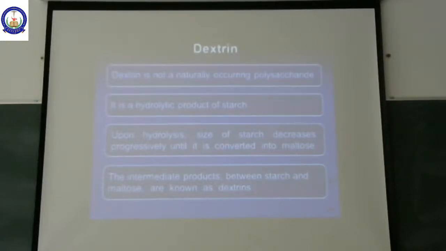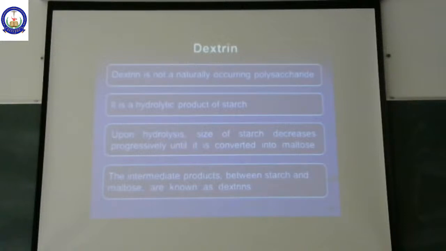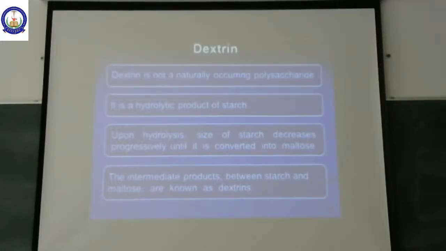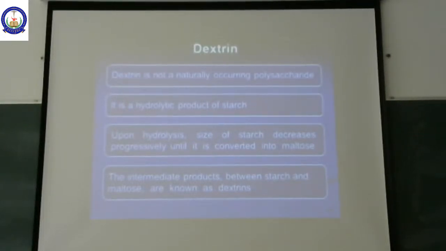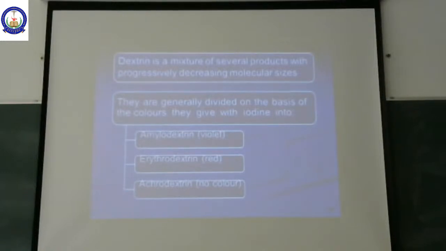The intermediate products formed between starch and maltose are known as dextrins. The dextrin is a mixture of several products of progressively decreasing molecular size.